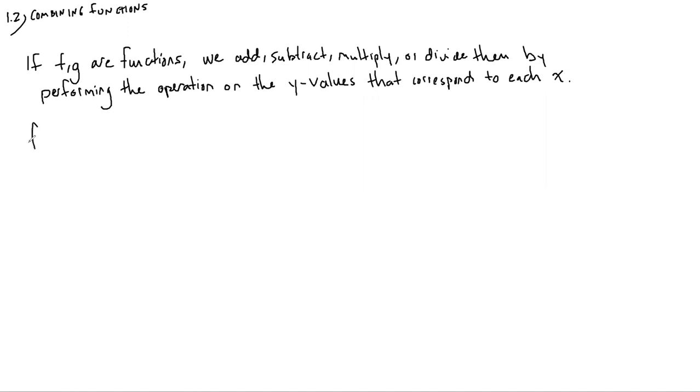So let's say that f is just a collection of points: -4 and 1, -2 and 0, 1 and 3, and let's say 5 and 4.